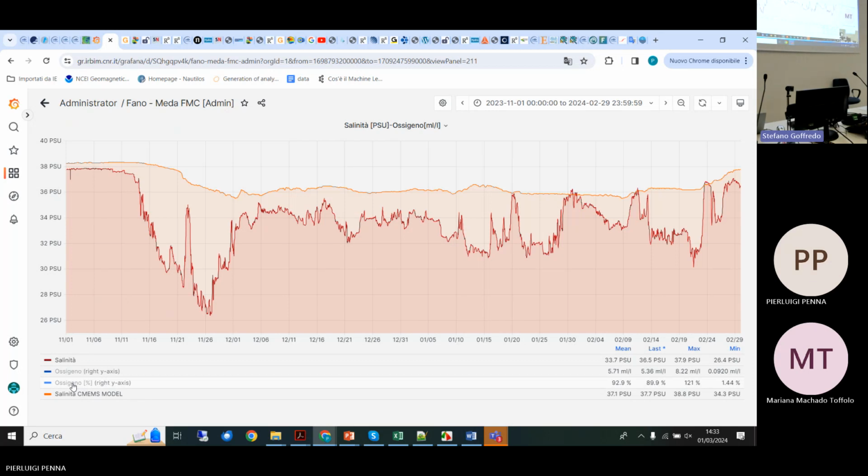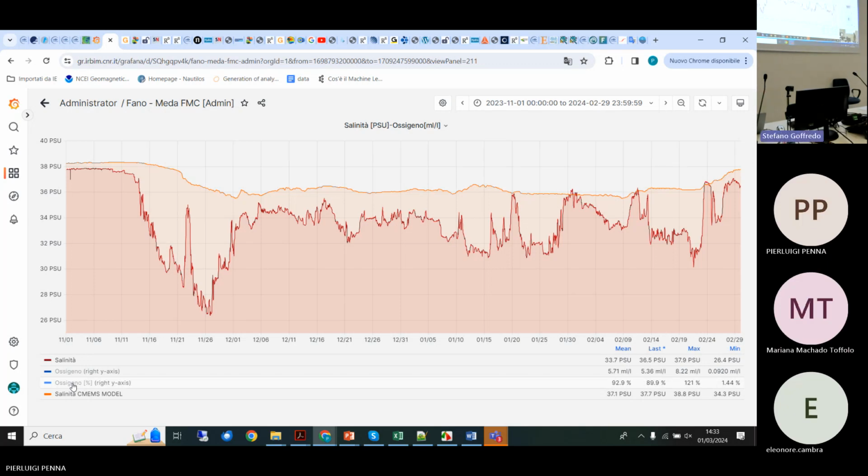Some question? That decrease in the salinity, why? I don't know. We have to see. From 28 to 26, it could be also a little rain or some local discharge.